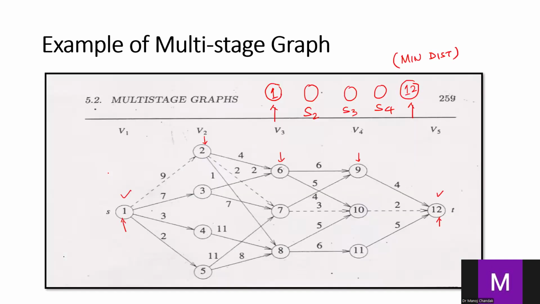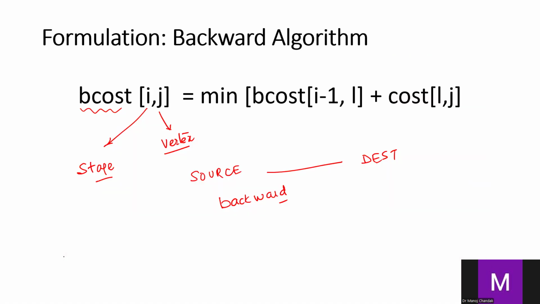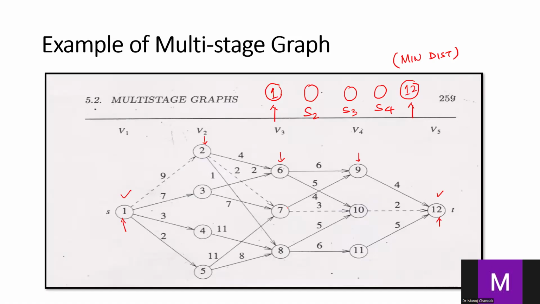For example, if I talk about B cost of 3, 6, then 3 is the stage and 6 represents the vertex present at that stage. If you take this graph, then this is stage 3, and in this stage 3, there is a vertex 6. So this will be termed as B cost of stage 3 vertex 6.